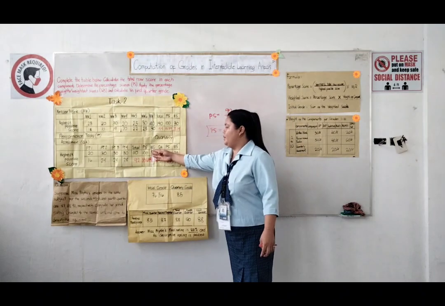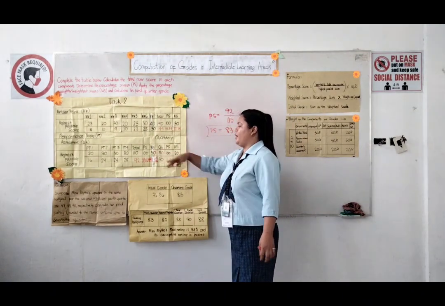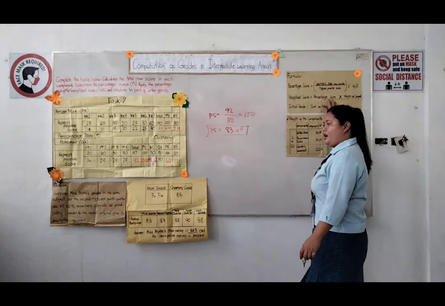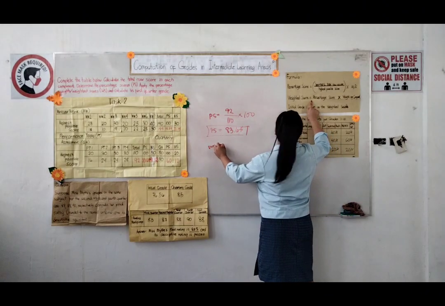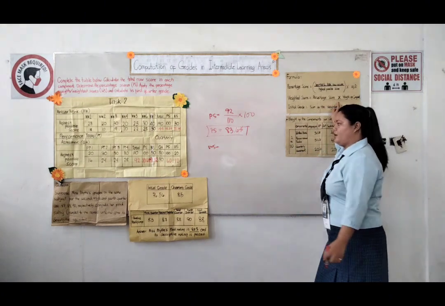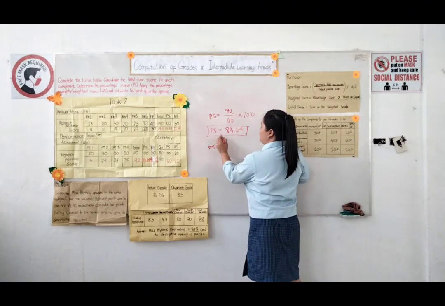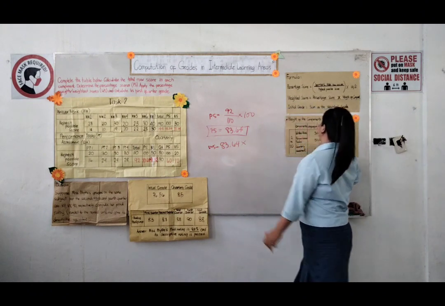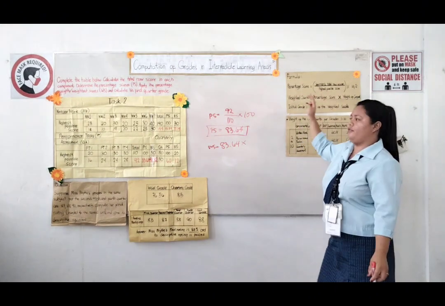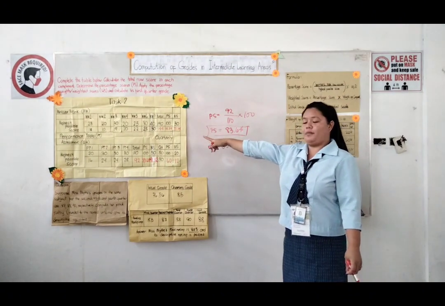In order to get the weighted score, we need to use this formula: weighted score is equal to percentage score times weight of component. So we have here the percentage score, 83.64, times the weight of component of Araling Panlipunan in performance task.